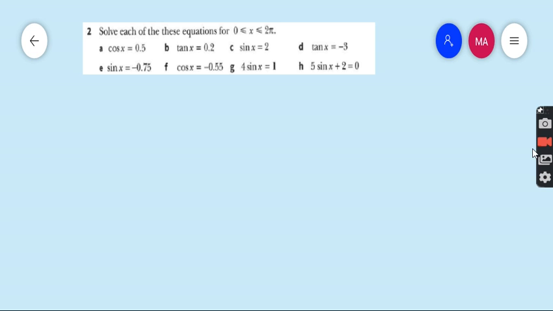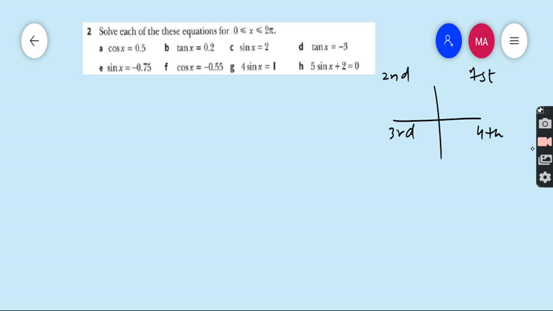Whenever you solve a trigonometric equation, either in radians or in degrees, you first set the quadrants. You know there are four quadrants in trigonometry: first, second, third and fourth.